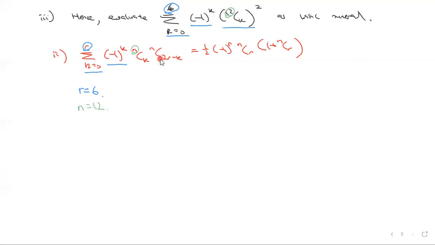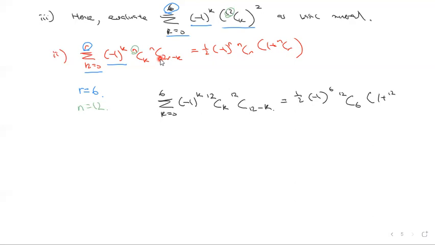So if you just play matchup, you've got the sum from k equals 0 to 6 of -1 to the k, 12Ck, 12C 2r, which is 12 minus k, must equal half -1 to the r, n, which is 12, C, r, which is 6, 1 plus nCr. So we know that's true.